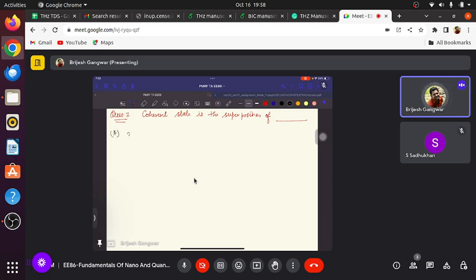A is number state, B is vacuum state, C is squeezed state, D is odd harmonics, and E is even harmonics.